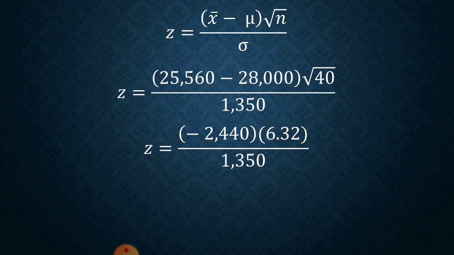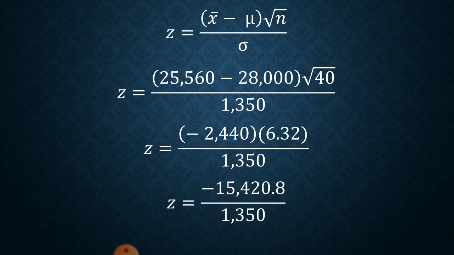The square root of 40 is equal to 6.32. Negative 2,440 times 6.32 is equal to negative 15,420.8. Then divide it by 1,350. So the z computed value is equal to negative 11.42.